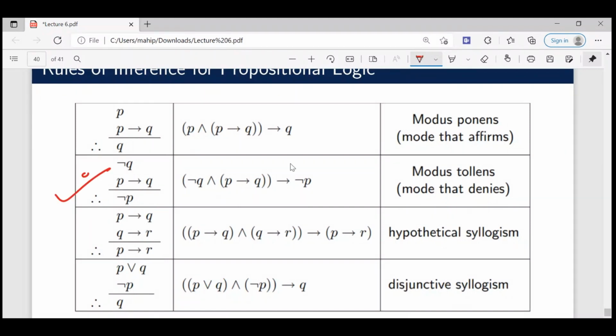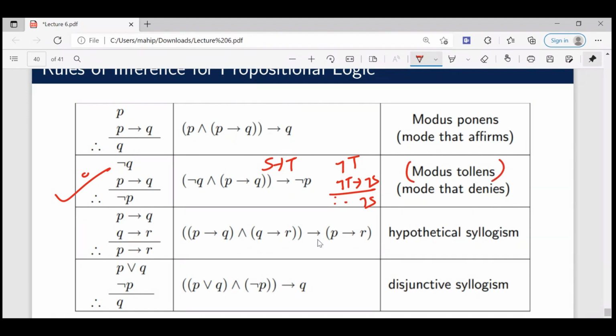So here I can write like this, negation T is given to me, and then negation P implies Q is nothing but S implies T in our case, but S implies T is again equivalent to negation T implies negation S, right? So even if I use S implies T, it's fine, but I can use its equivalent version also, no issues. And finally, what I can conclude, negation S, right? So this is my first rule, which I have applied. In bracket, I will write down I have applied this particular rule, modus tollens.